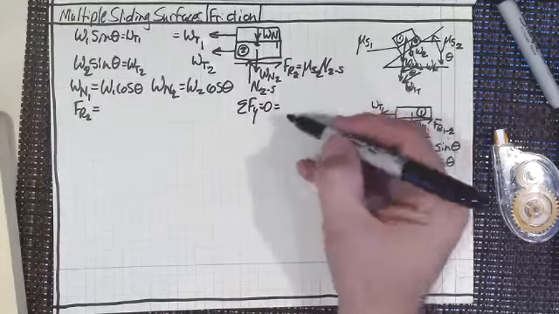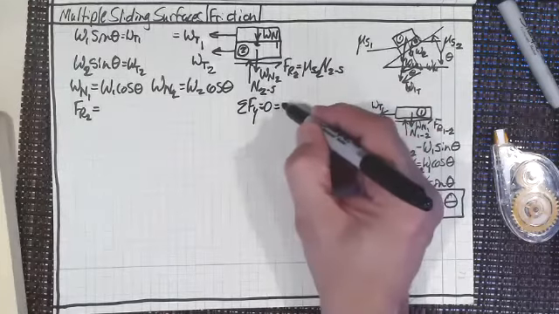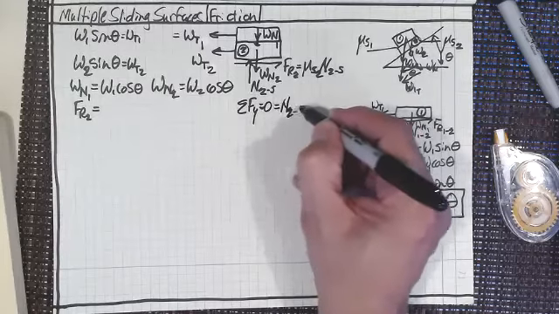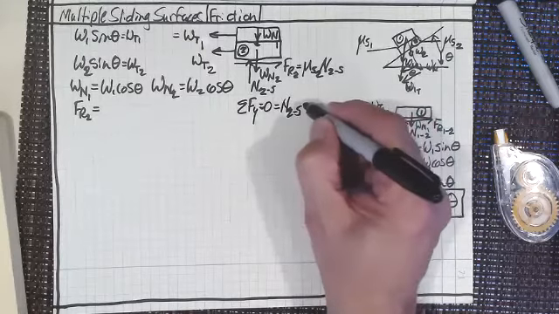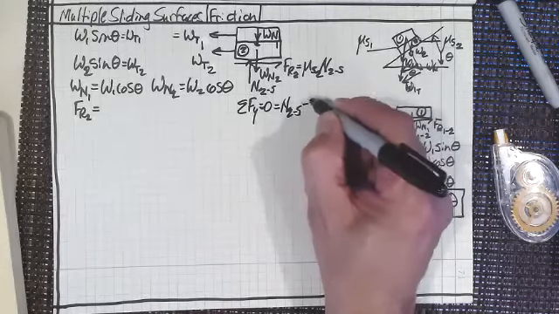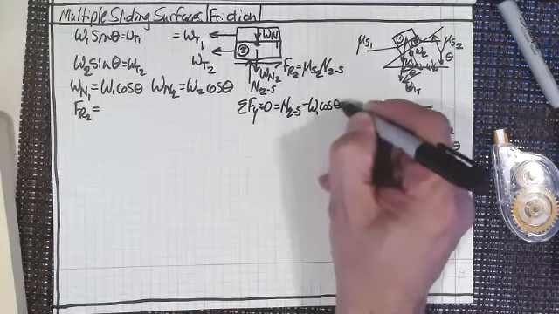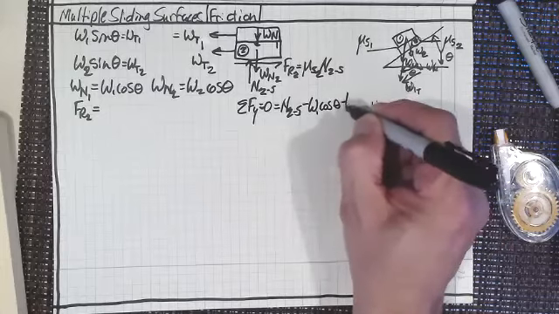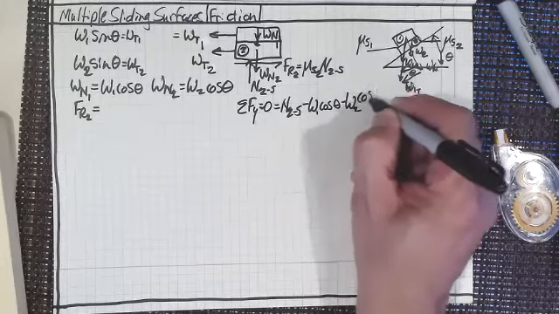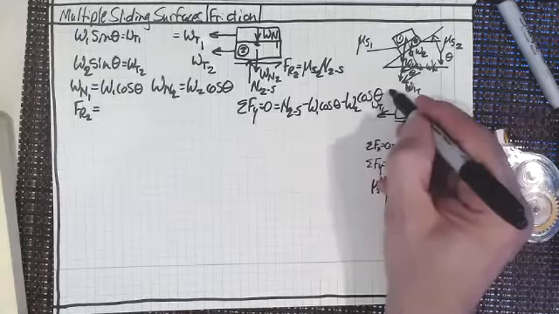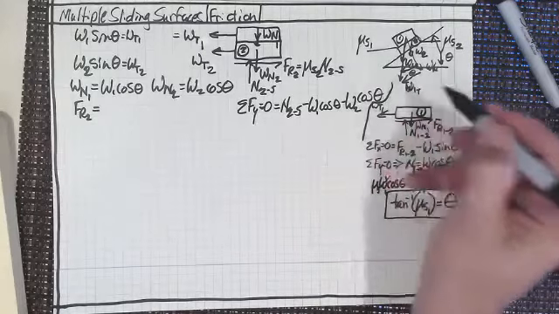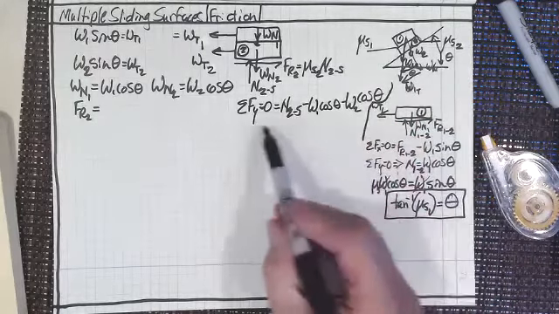All right. That's going to give us N to S minus W1 cosine theta minus W2 cosine theta. All right, let's just put a line through there so we know where we are.